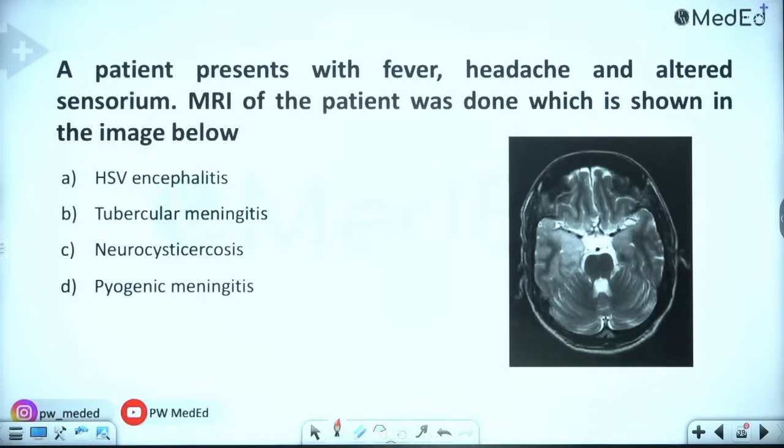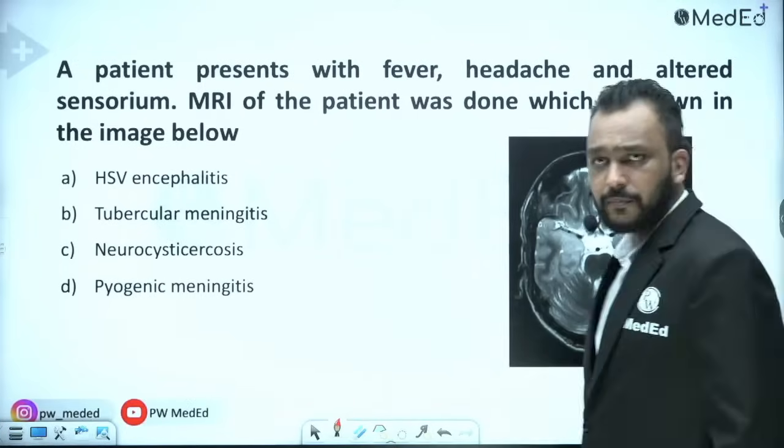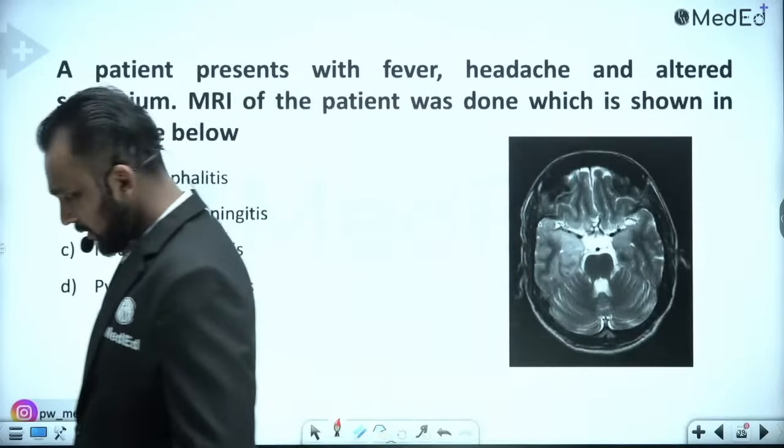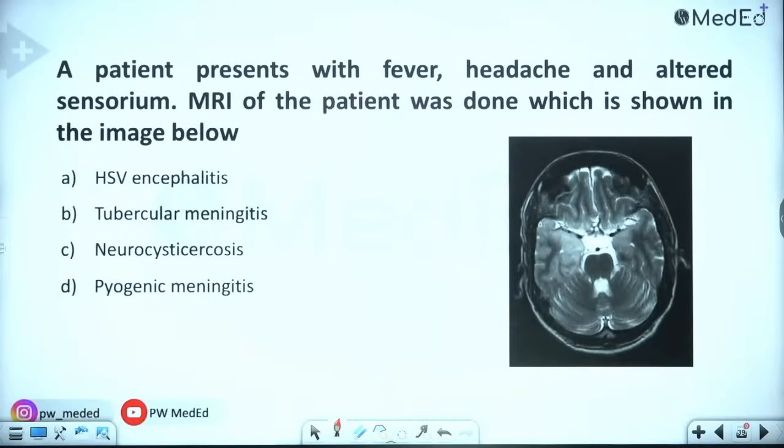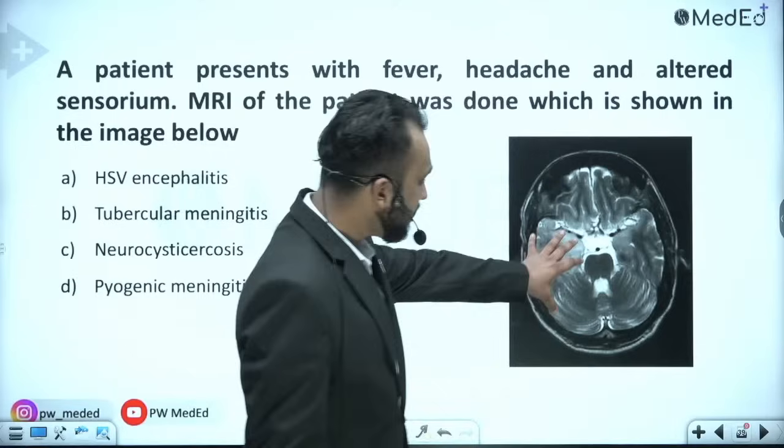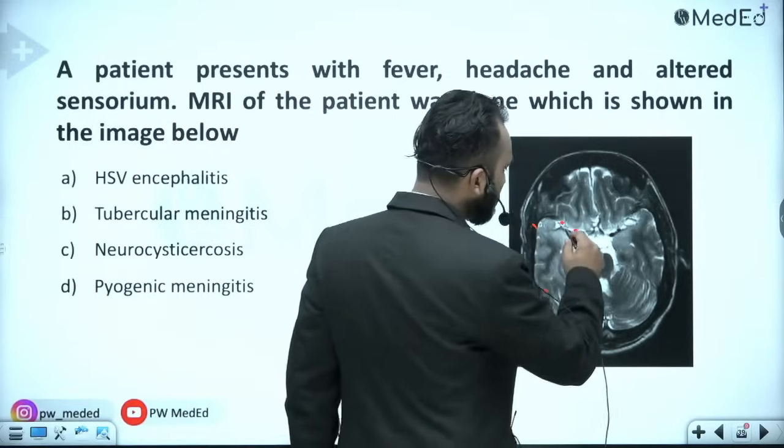A patient presents with fever, headache and altered sensorium. MRI of the patient was done, which is shown below. So what are your imaging findings for this patient? We can see hyperintensity along the medial temporal lobe.